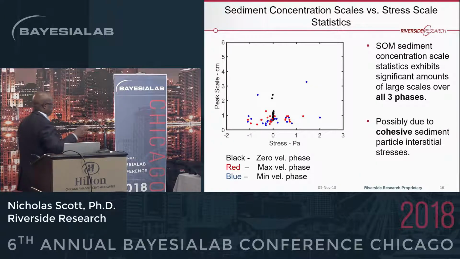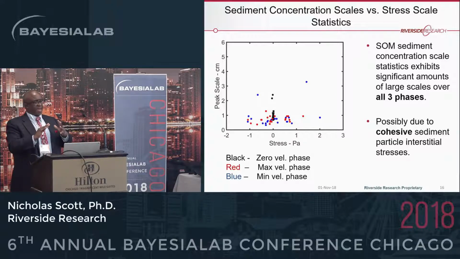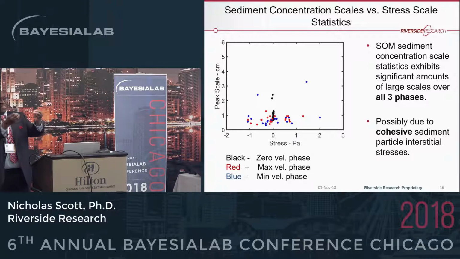Sediment concentration is different. It doesn't exhibit that narrow, broad structure because it's kinematic. It's not dynamic. So what's happening is that even when you stress the fluid, the sediment particles bump into each other and they basically coagulate.